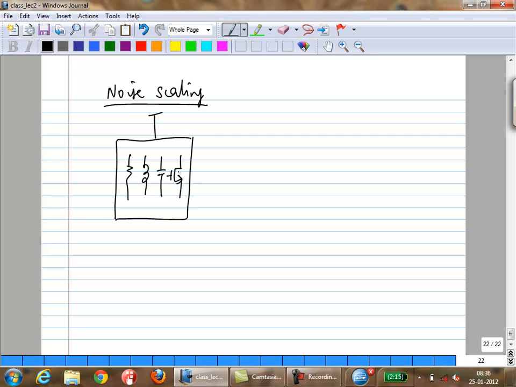Suppose you have a network of resistors, capacitors, inductors and transistors. Okay? Let's say this is R, L, C and width W. And it has some noise power spectral density Sn at the output, in volts square per hertz.